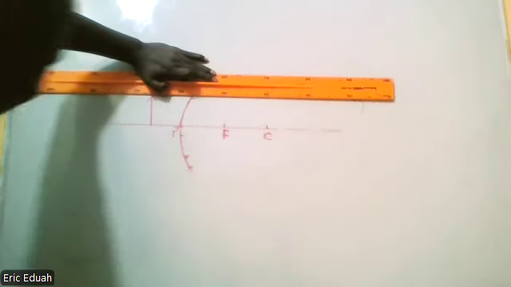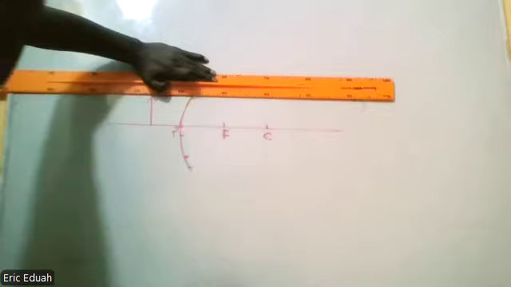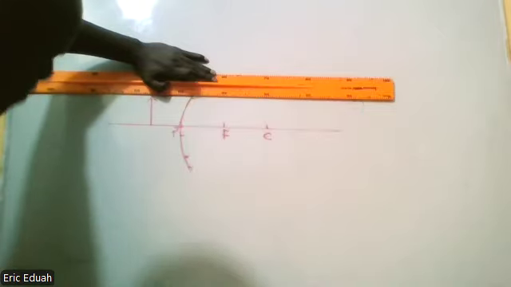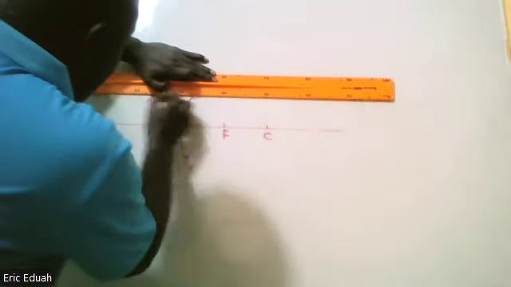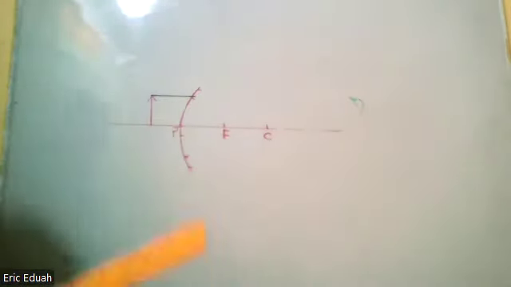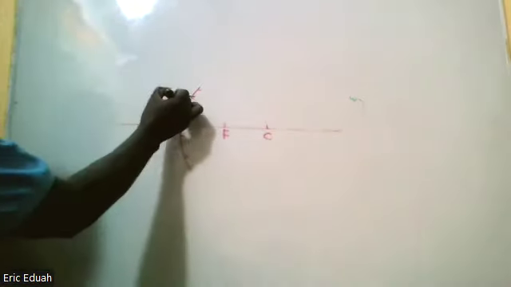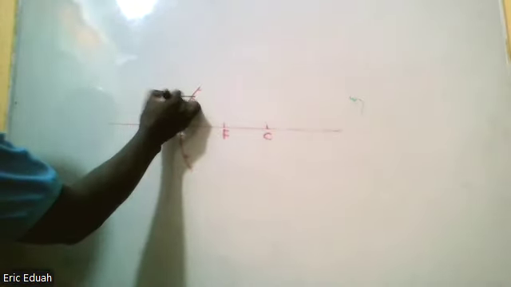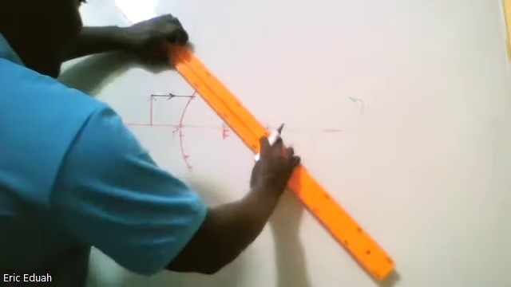Yes, that's what I am after. Passes through F. No, it appears to be diverted from F. You know, this one is a divergent ray.